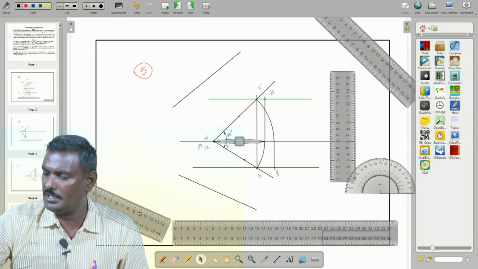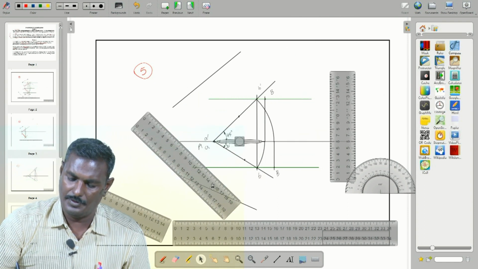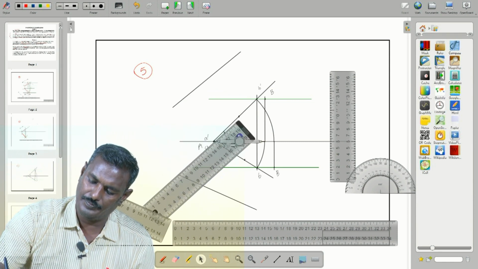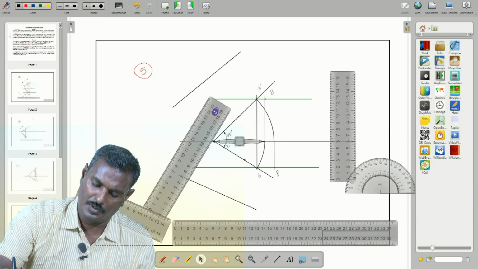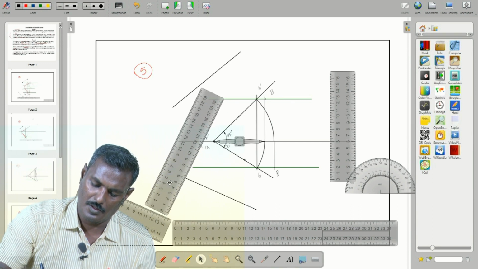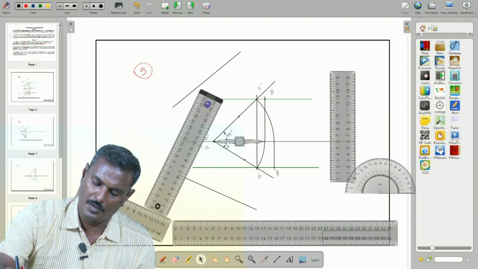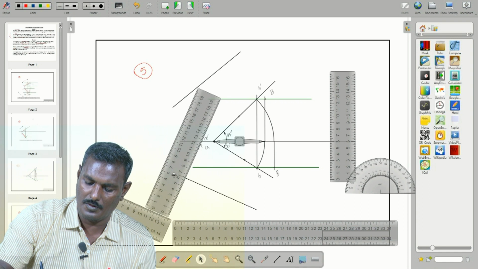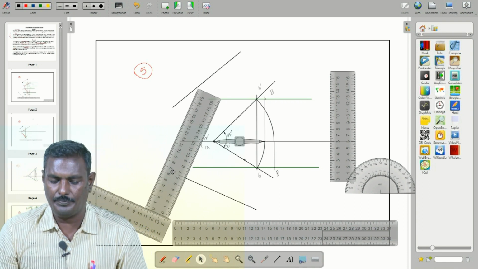Then I have to take another scale, this scale perpendicular to this. Yeah, perpendicular.